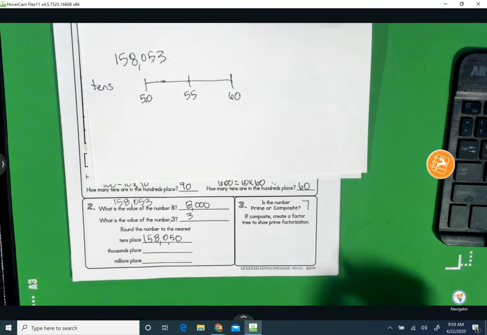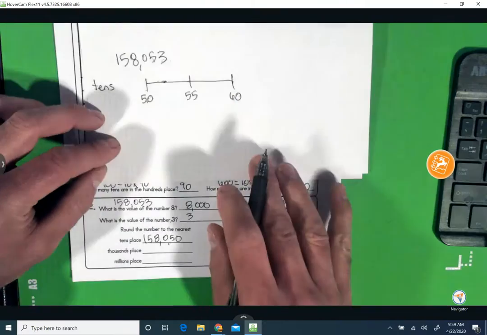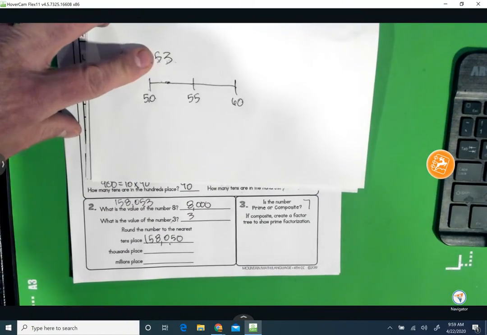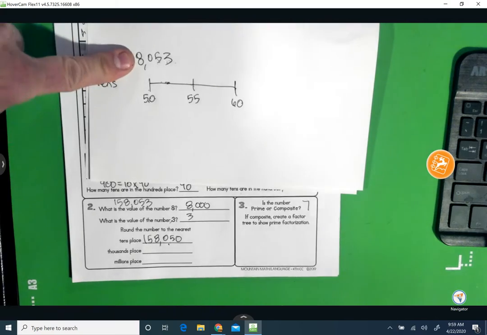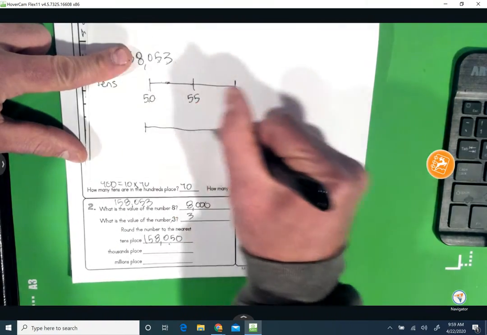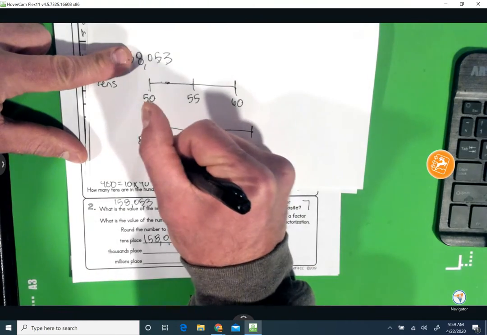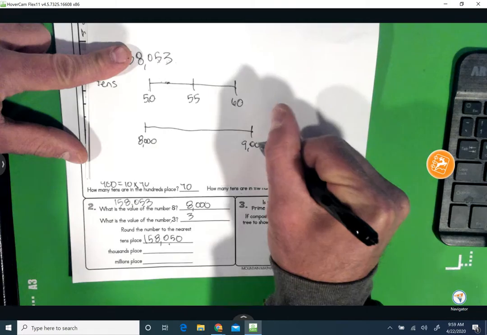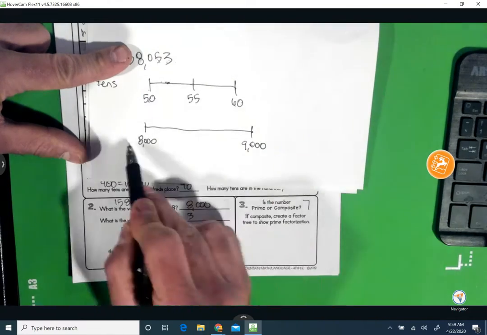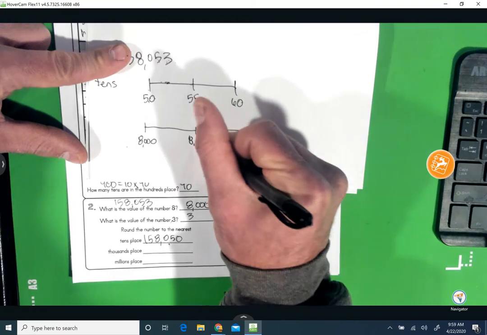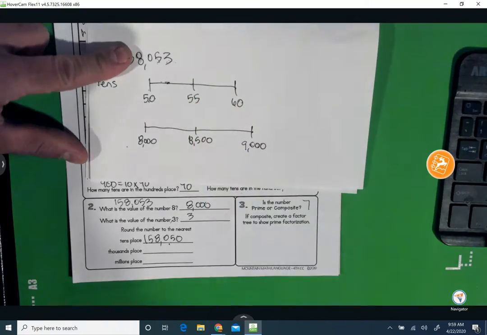How about the nearest thousands place? Same number, but now we're looking at not 53, but we're looking at 8,053. And we have two options. What's it closer to? Is it closer to 8,000 or is it closer to 9,000? Well, in the middle here between 8,000 and 9,000 sits 8,500.